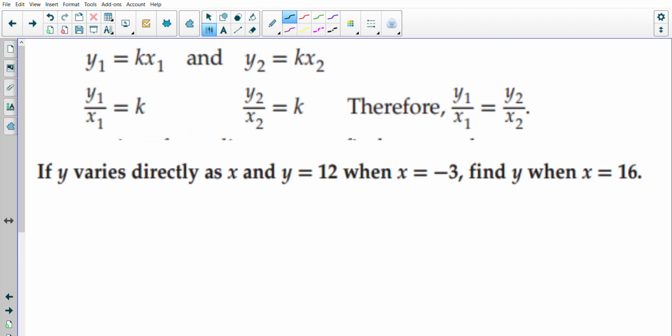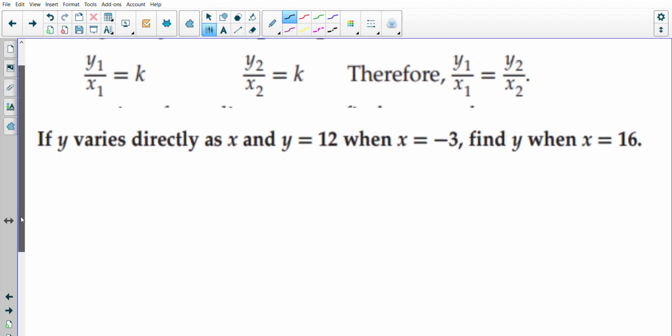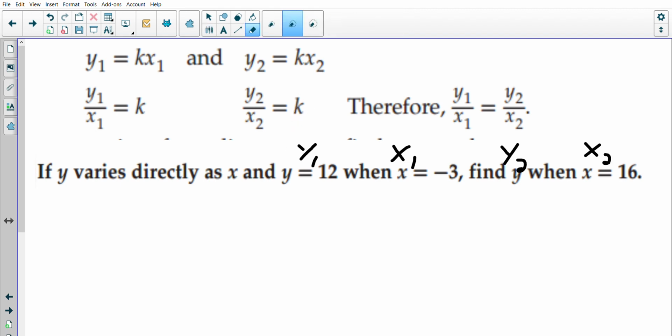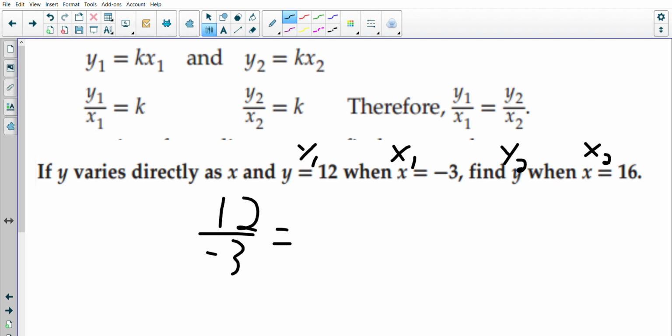So if y varies directly as x and y equals 12 when x equals negative 3, find y when x equals 16. So if this is y sub 1 and this is x sub 1, this would be y sub 2 and this would be x sub 2. So we can just set it up that way. So we have 12 over negative 3 is equal to y sub 2 over 16.